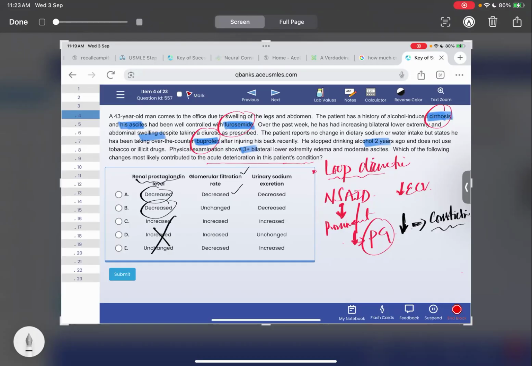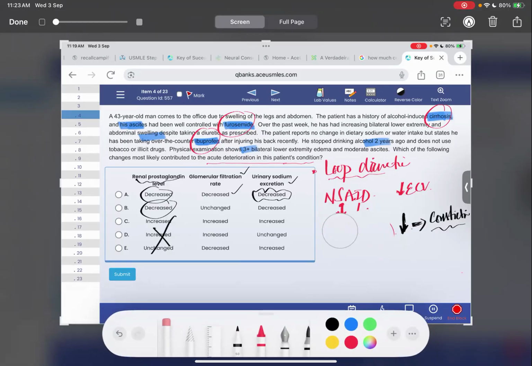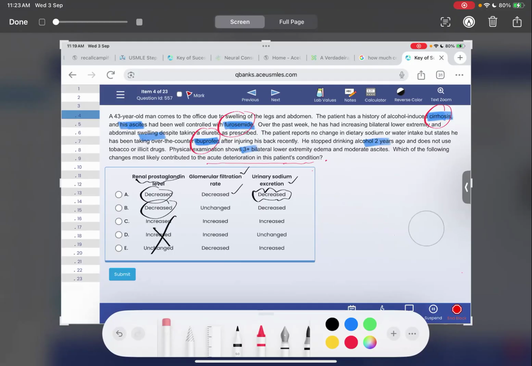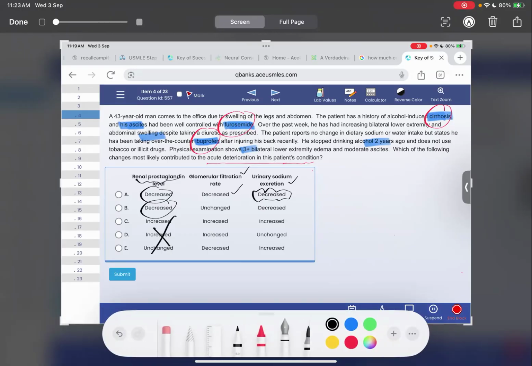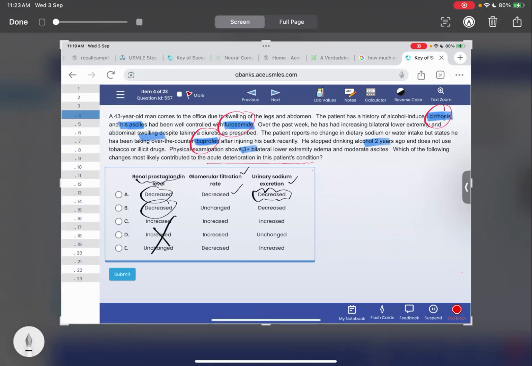And urinary sodium excretion is also decreased. Let me explain why the urinary sodium is decreased. What does furosemide do?